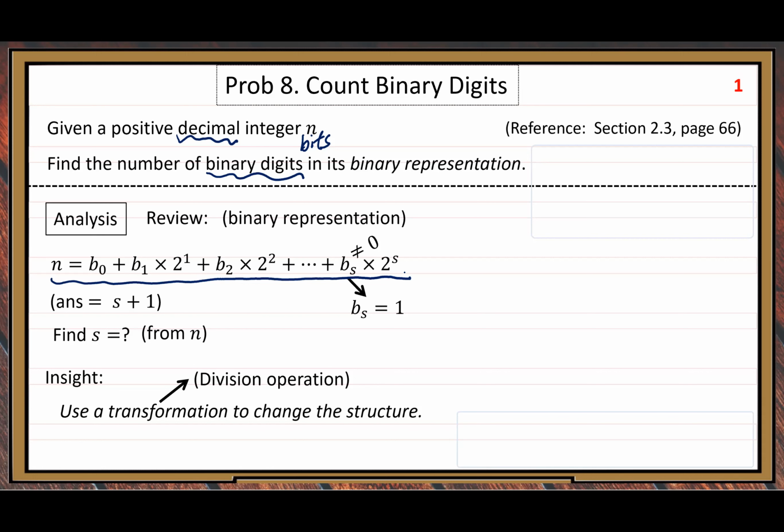All right. What is the transformation here? For this particular problem, division operation. The question, why division operation? So let us observe this expression first, the structure. The right-hand side is a sum of several terms. Each term, so here, try to find some property.